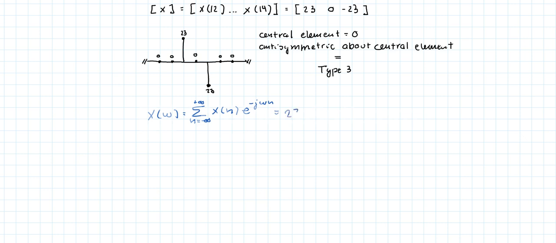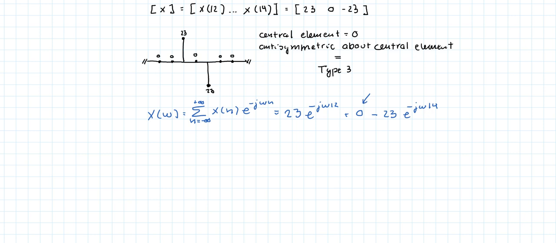So that would be 23 e to the minus j w 12 plus 0 plus, or rather minus 23 e to the minus j w 14.